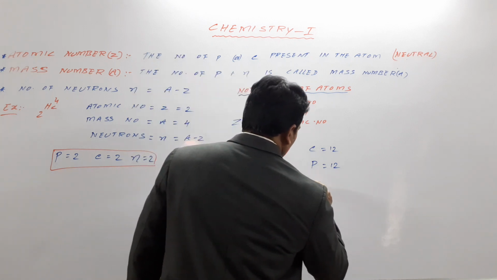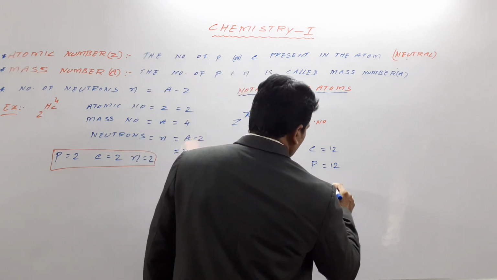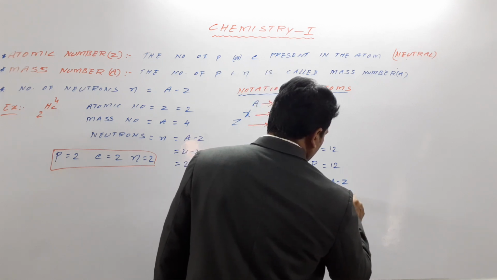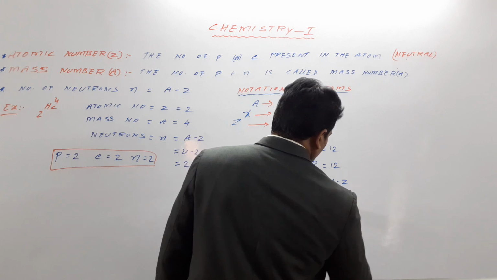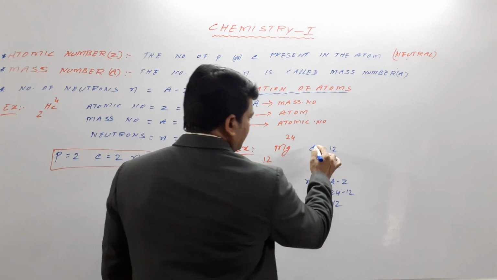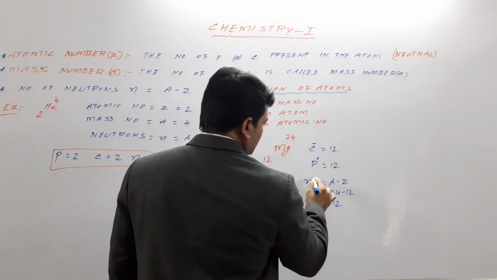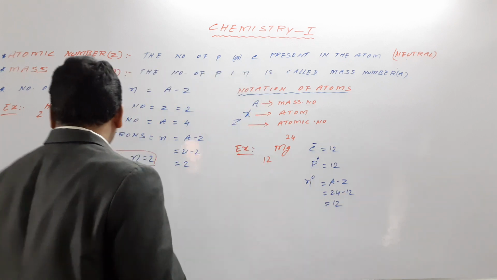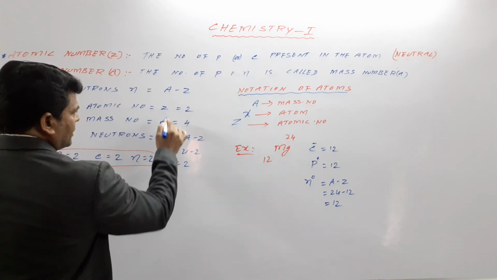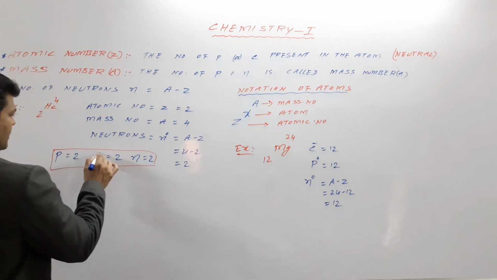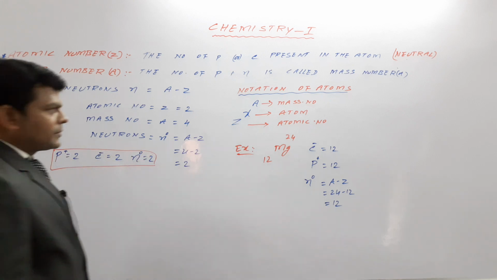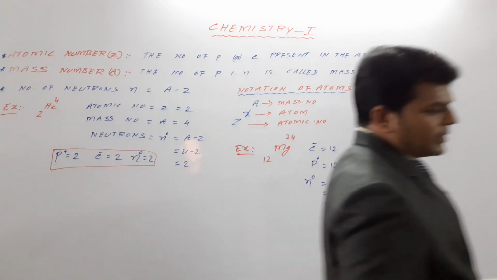Next, neutrons N equals A minus Z, which is 24 minus 12, that is 12. So it contains 12 electrons with negative charge, 12 protons with positive charge, and 12 neutrons with no charge. This is the way we may define it.